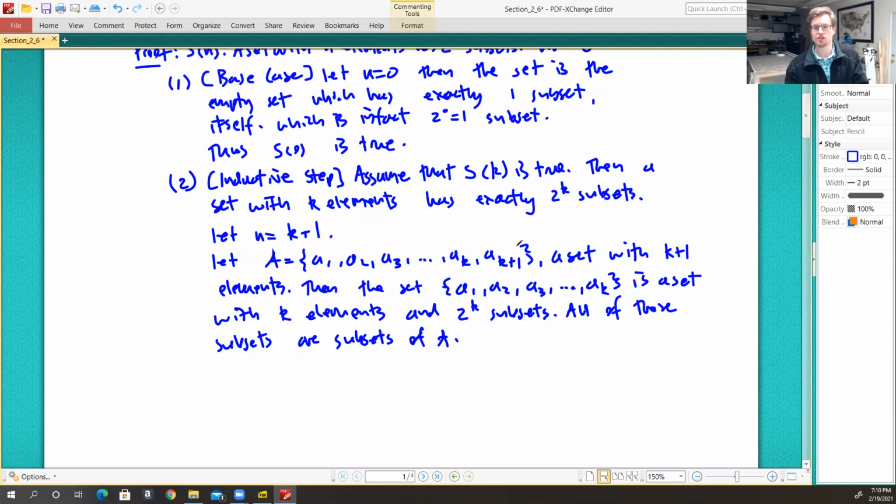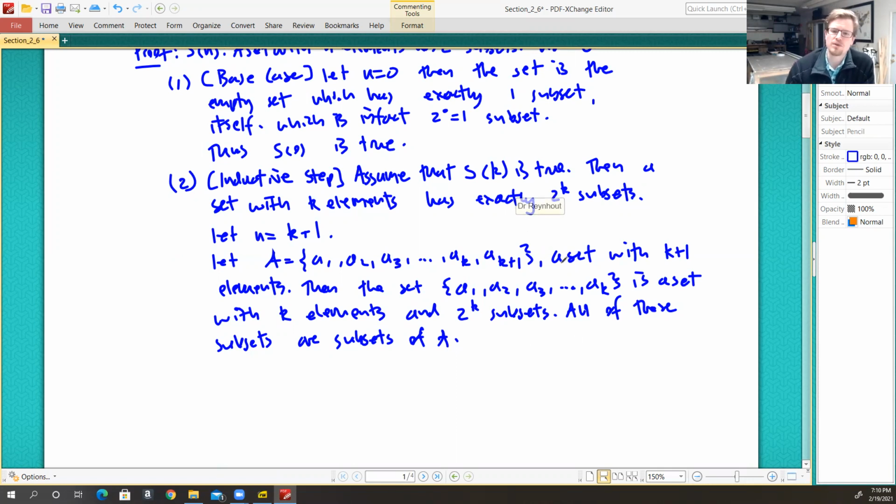Because one of the two things is true. Either the subset contains a sub k plus 1, or the subset doesn't. So everything fits into one of those two categories. And so far, we have everything that doesn't contain the element a sub k plus 1. So how do we find all of the subsets that do contain a sub k plus 1?